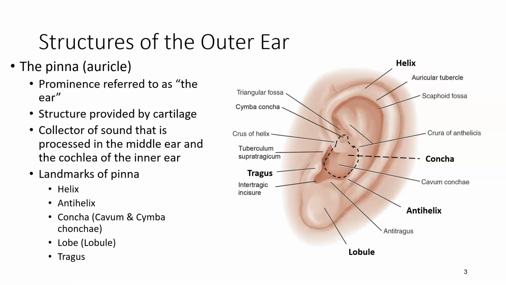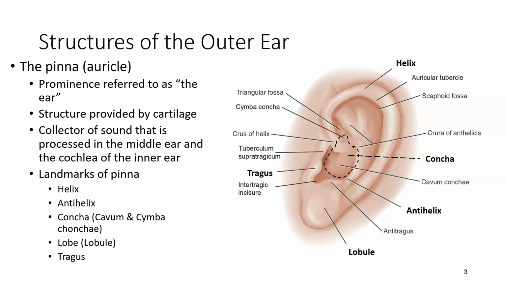The outer part of the outer ear is visible as what is called the pinna or auricle, what we might think of as the ear lobe, I guess. All the structure in the outer ear is provided by cartilage.